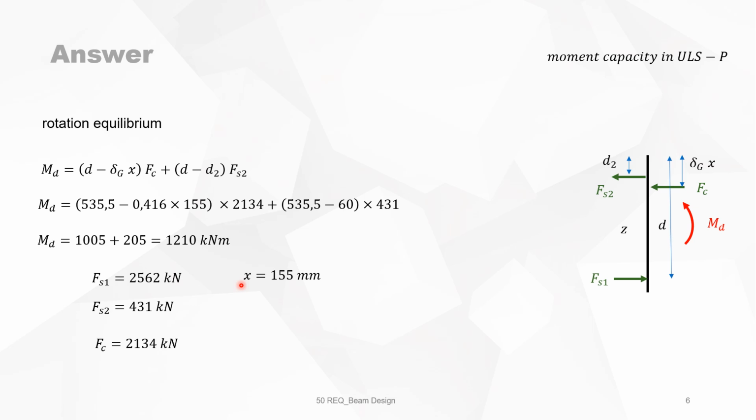The position of the neutral axis is 155 millimeter, and the stress in the tension reinforcement is 435, so this is yielding, and the stress in the compression reinforcement is 429, so this is smaller than 435, so this is fine, this is okay.